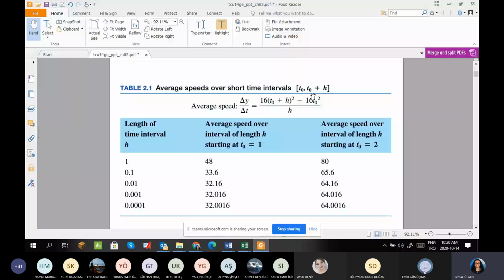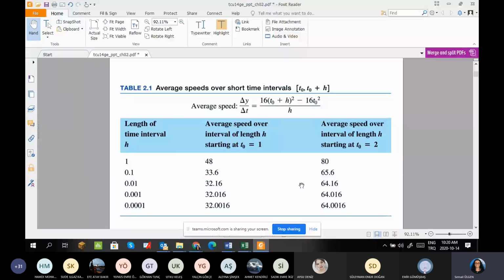Now I'm going to tell you how to get to that instantaneous speed. We want to get that speed at a certain time, for example, at time t equal to 5, at time t equal to 6. What is the speed of that object? We are interested in that, and now I'm going to teach you how to get to that. What you do is we come up with a table.